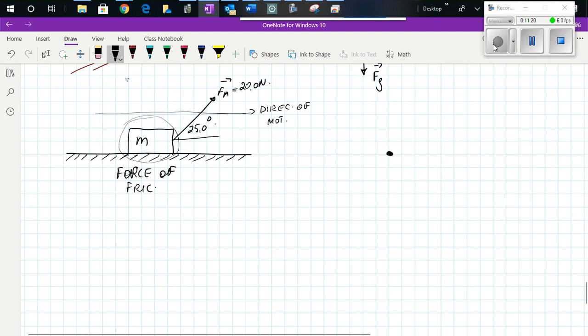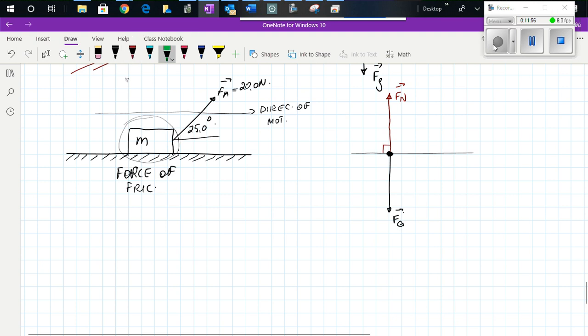Then we start with the universal force, the force of gravity, that is always starting from the object going down toward the center of the earth. And then since we have an object on the surface, this is the line that represents the surface, we will have a force normal perpendicular to the surface. Perpendicular again means 90 degrees.